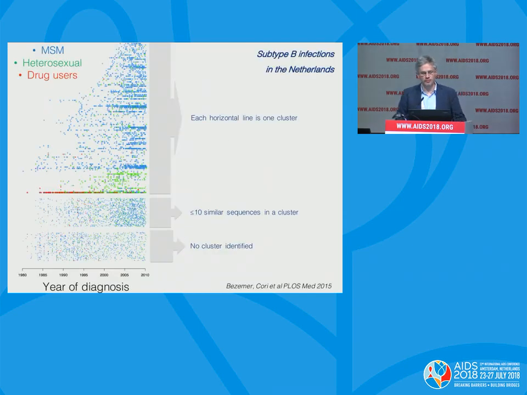To give you an example, these are about 60% of the cases amongst MSM with subtype B infection in the Netherlands here, and each horizontal line at the top is a separate cluster, with each dot being a patient. In the middle band, you see the small clusters, and at the bottom, people who don't cluster.